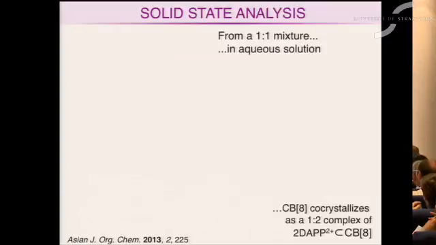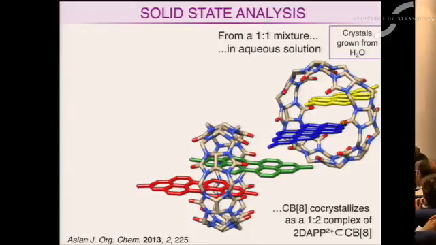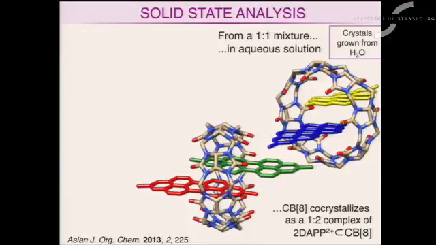The fluorescence then plateaus once you have 2 of these DAPPs coming in from each side of this receptor. So again, you can get a snapshot of what's going on in the solid state from a 1-to-1 mixture. You see some free, of course, CB8, but what we also see are these DAPPs poking into the middle of the receptor here, such that you get a very nice molecular recognition match between the pi electron rich area here and the pi electron deficient area there, and vice versa.